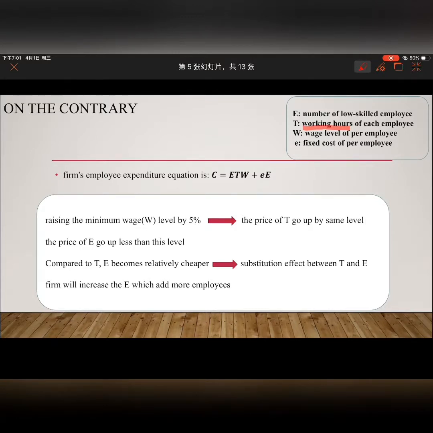So compared to T, the E becomes relatively cheaper. So there will be a substitution effect between T and E. So the firm will increase the labor employment, will have more labors.